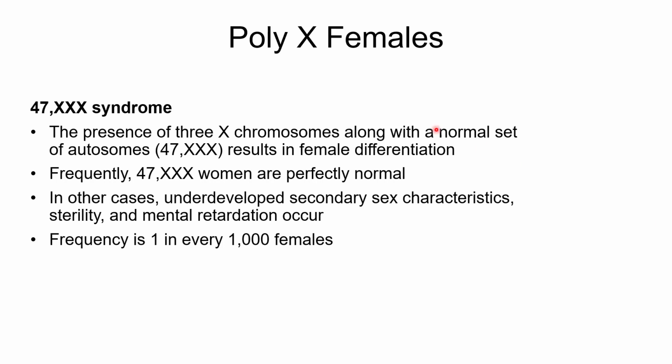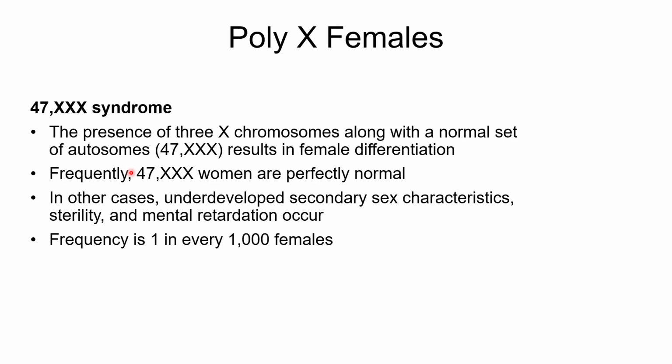The first that we want to talk about is poly-X, where we have more than 2 X's. Generally, it can be 47 chromosomes instead of 46. You can even have more. But the presence of 3 X chromosomes with a normal number of autosomes results in us still differentiating and being female.